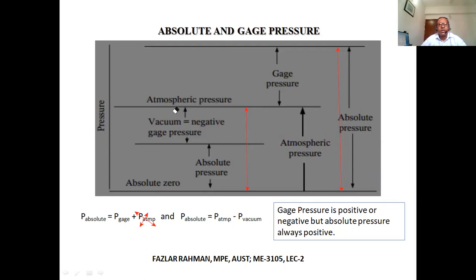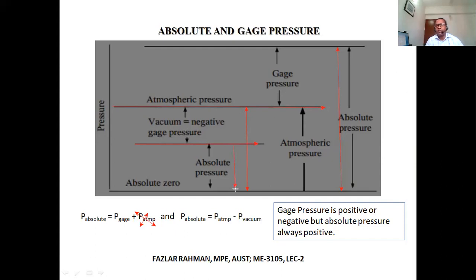If the gauge pressure is negative, whereas most of the time you get gauge pressure more than atmospheric pressure, then your atmospheric pressure line is this one, so the gauge pressure will be over here. If it's vacuum, that means negative pressure, then if we add atmospheric pressure to this gauge pressure, you get this much pressure instead of vacuum.